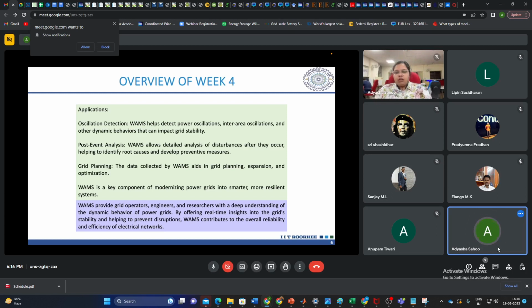Basically, they offer real-time insight into the power grid stability and help to prevent disruptions. So the wide area monitoring system contributes to the overall reliability and efficiency of the electrical networks.